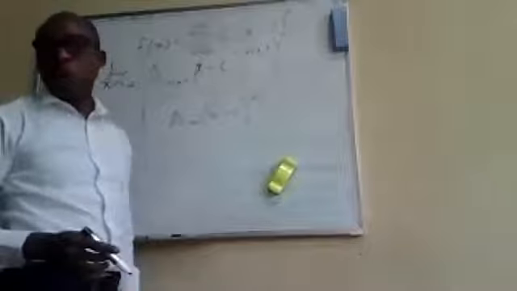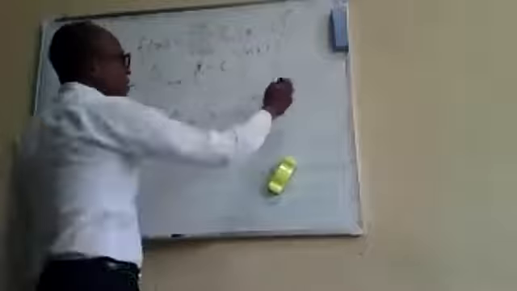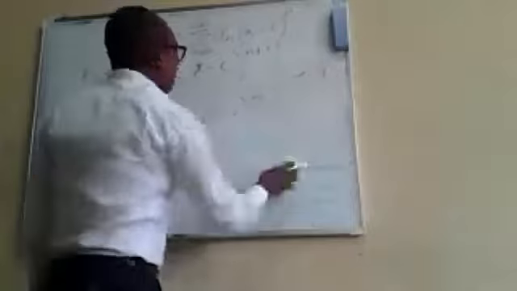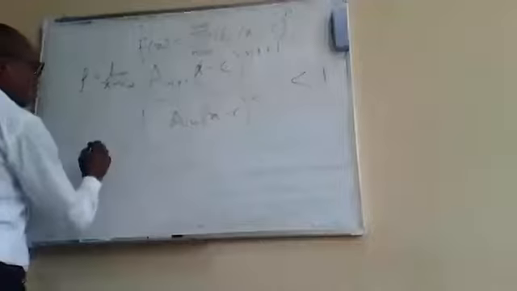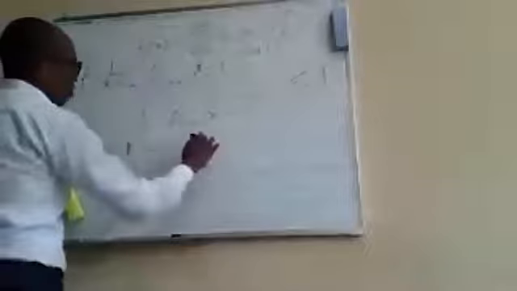When this is less than 1, we say the series converges. So when rho is less than 1, it implies the series converges.